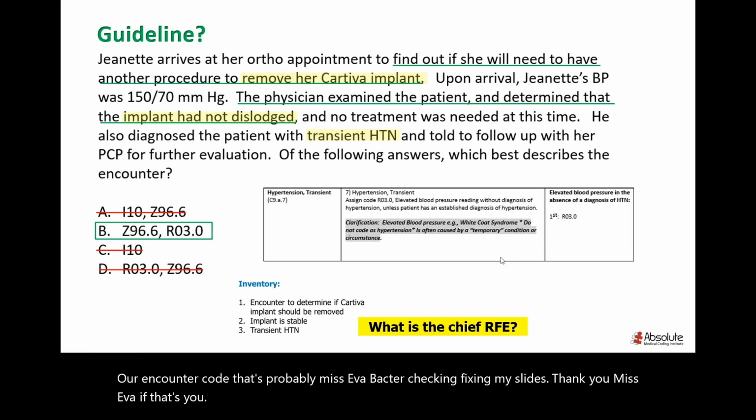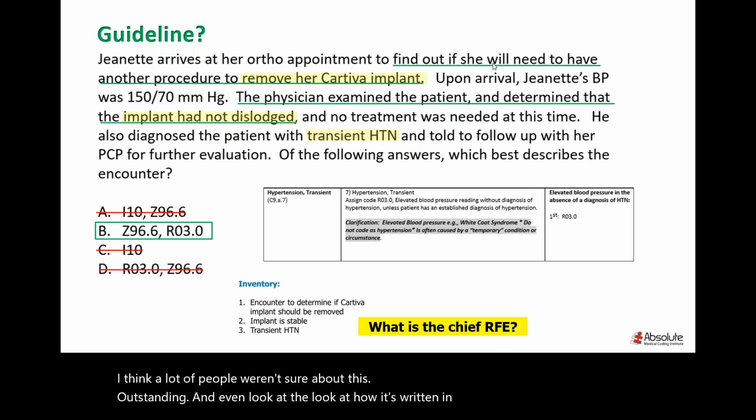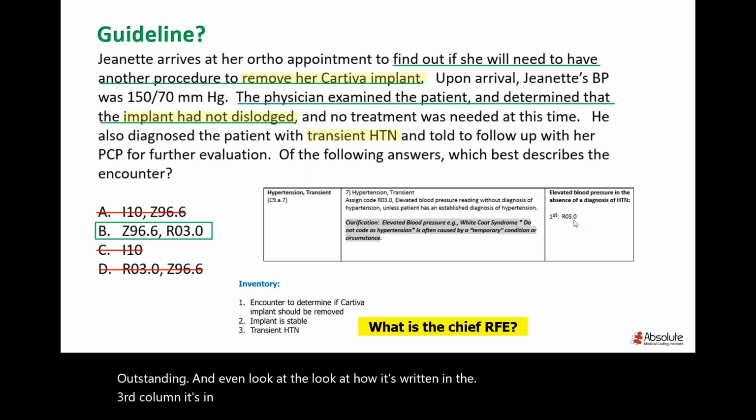All right, coders. What do you think? Did you learn something? I think a lot of people weren't sure about this. Outstanding. And even look at how it's written in the third column. It's in sequence first, R03.0, but maybe we need to change that to sequence the RFE first.